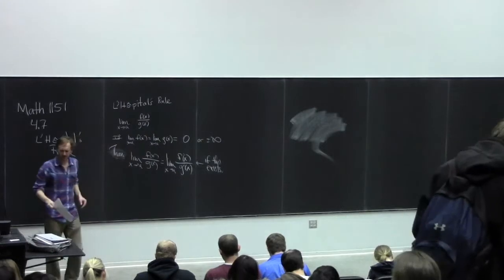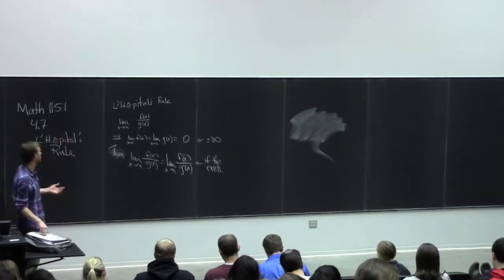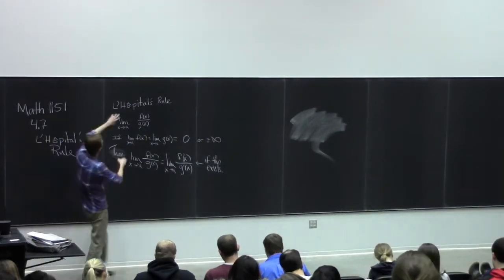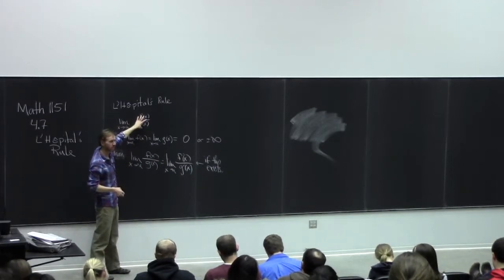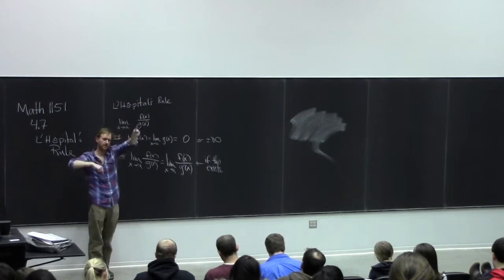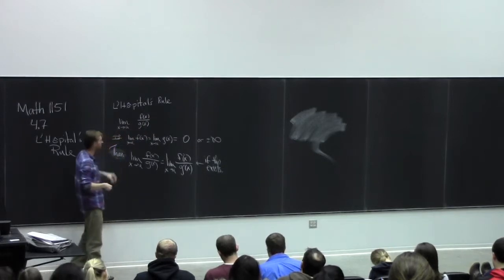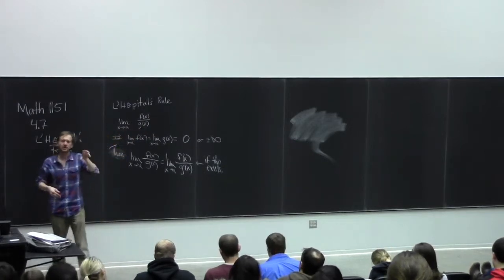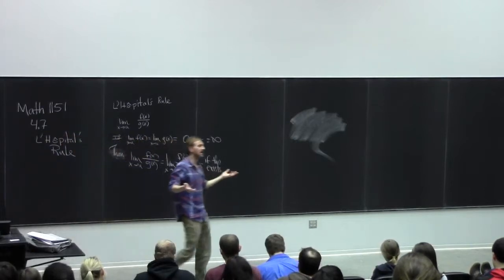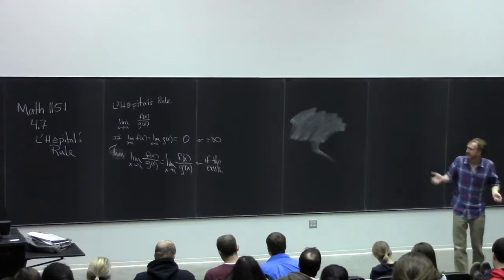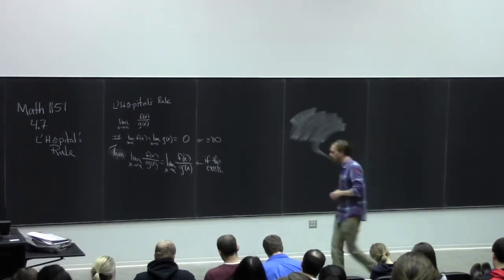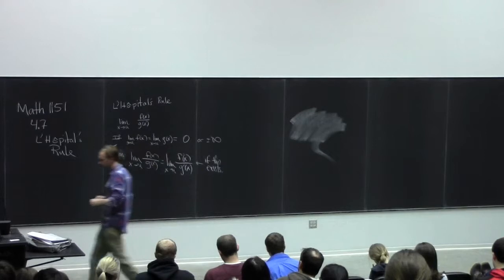And so the idea here is, hey, if you can't compute a limit because the denominator and the numerator go to 0, or they both go to positive or negative infinity in either way, then what you do is you take the derivative of the numerator and the derivative of the denominator, and you see what happens, and maybe that will help out. All right, that's the goal, anyhow.